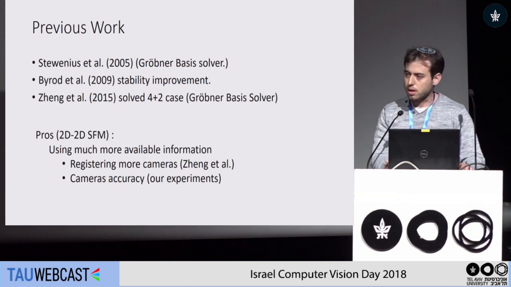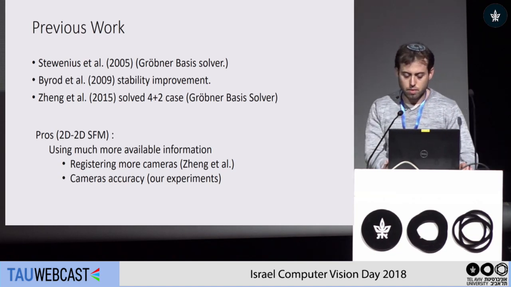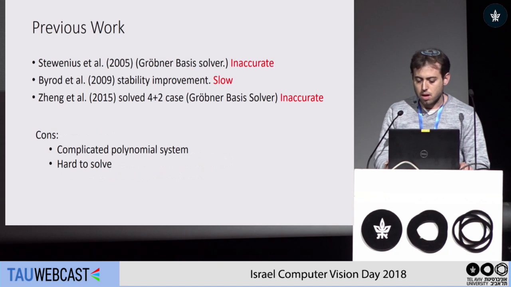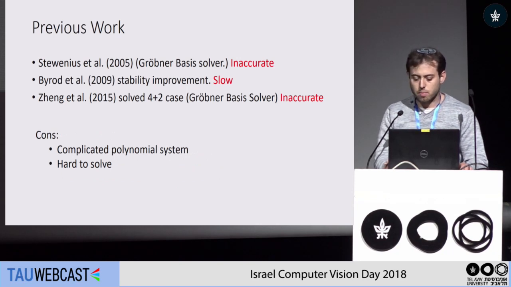And we will show later that it can also improve the cameras' accuracy. However, solving the polynomial system that results from this problem is not an easy mission, and hence, previous methods were either inaccurate or slow.